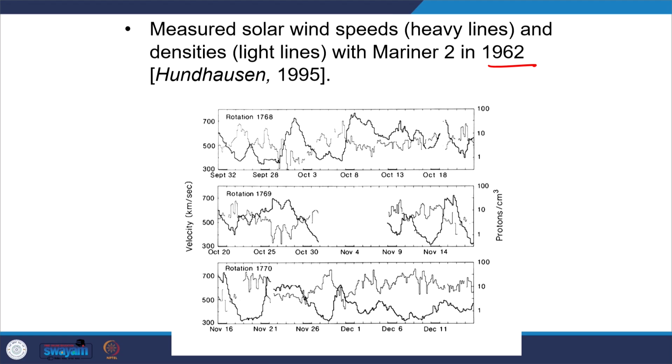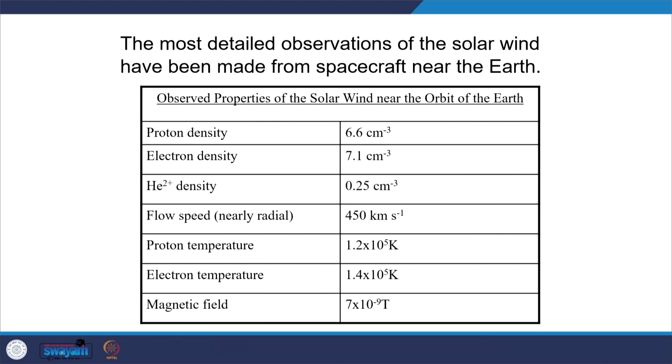That there is a constant stream of particles, protons per centimeter cube, from September to December, for nearly 4 months. 3 to 4 months of observations suggested that there is a non-zero particle flux in space, which must be the solar wind itself.